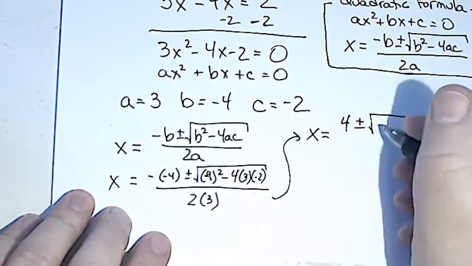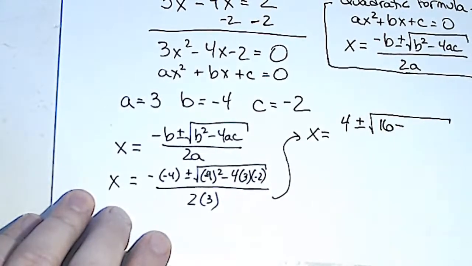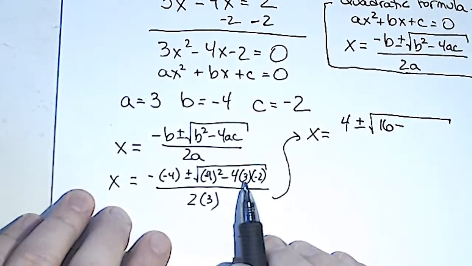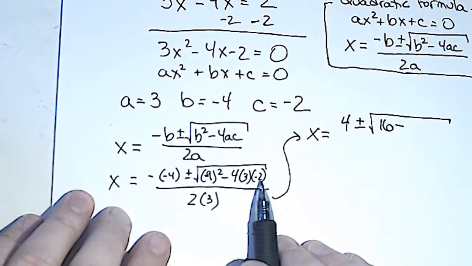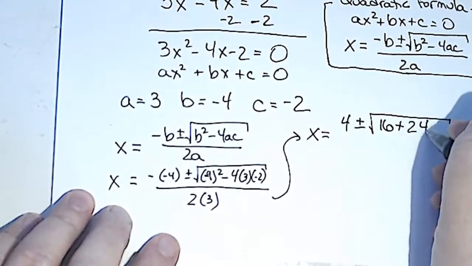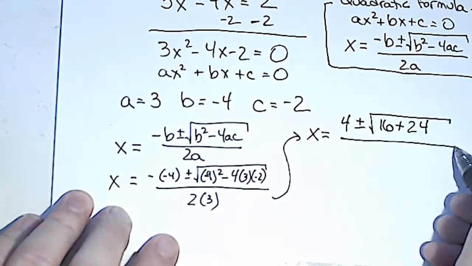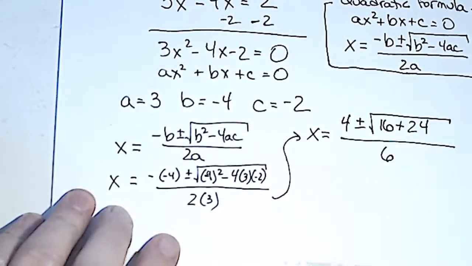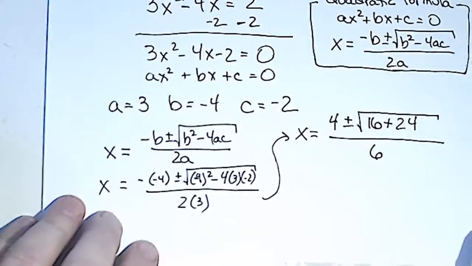Negative 4, the quantity squared is 16. 4 times 3 is 12, times 2 is 24, and it's positive 24 all over 6. Okay.